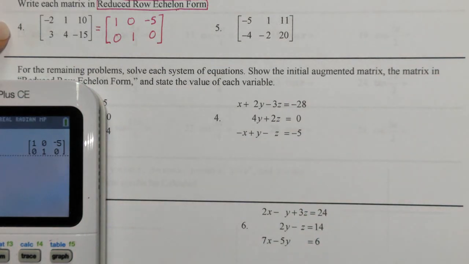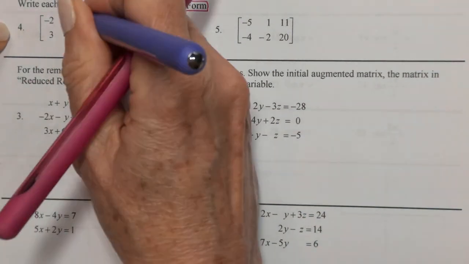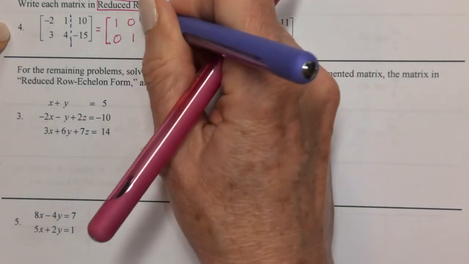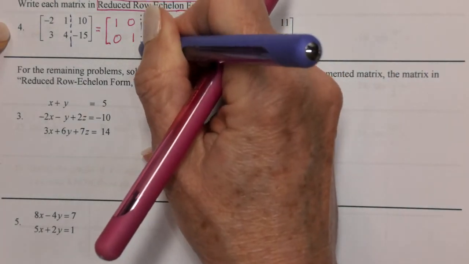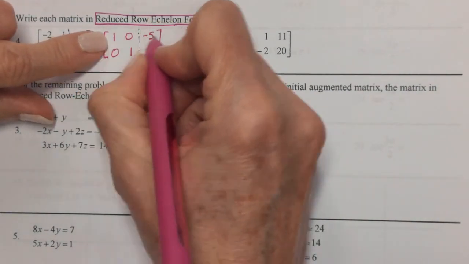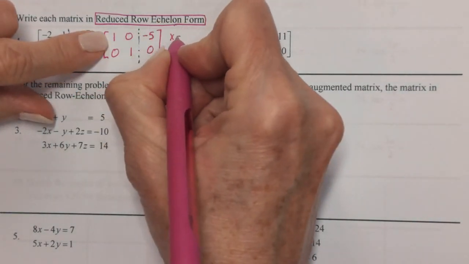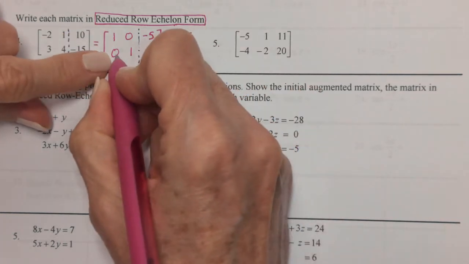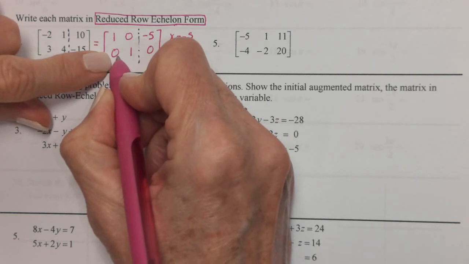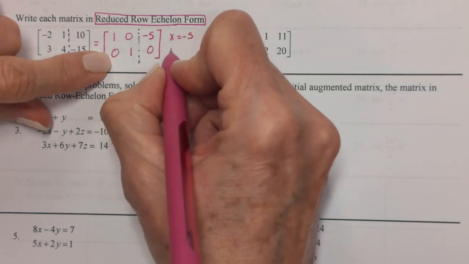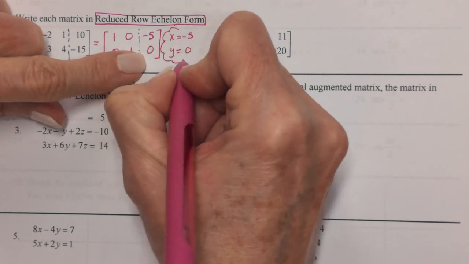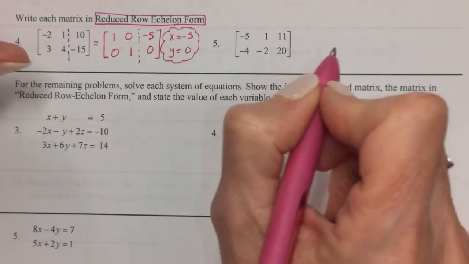Now keep in mind, if this was a system of equations, there would be an equal sign here and here. So this would be giving us 1x plus 0 is -5, 0x plus 1y is equal to 0. So it's giving us the answers right there.